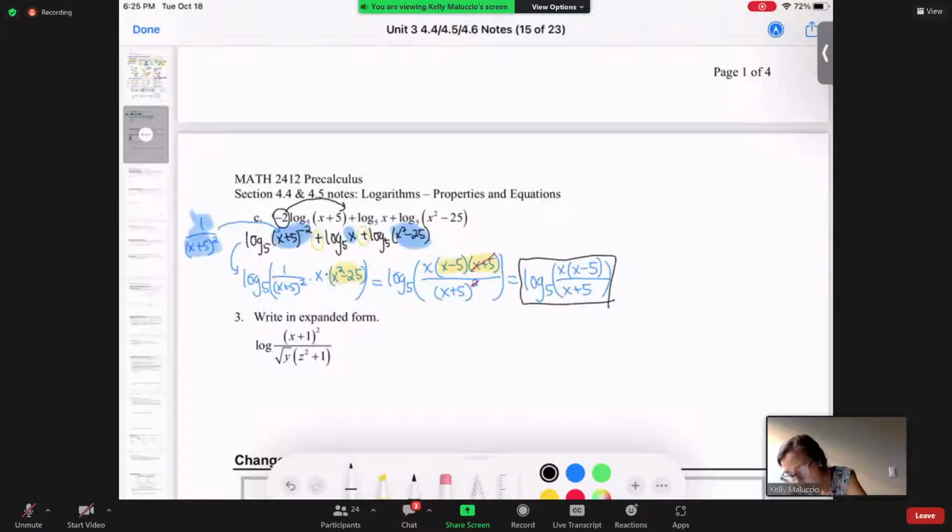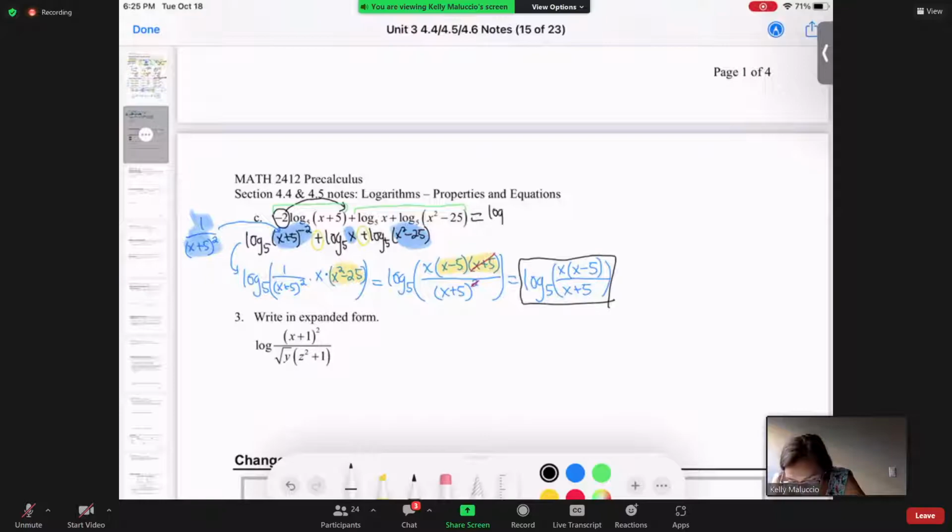Now, I told you there is another way to think of this, and let me show you that. The other way to think of this is to think of these two pieces as being added together, but then subtracting this third piece. So I'm going to rewrite this problem, same problem, just different order. Ready?